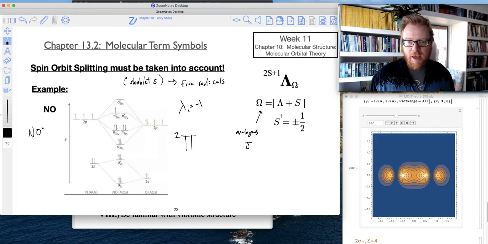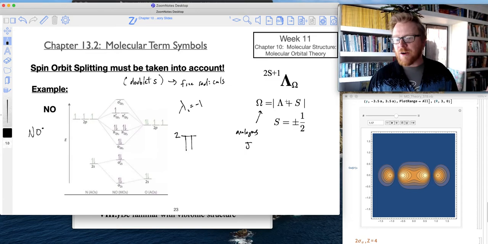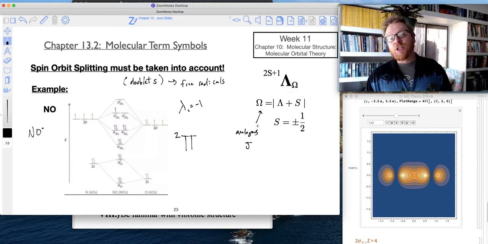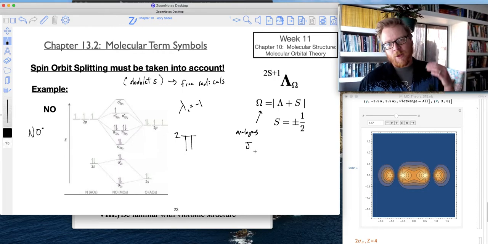Omega is going to take on all values from lambda plus S all the way down to lambda minus S. Because S can be plus or minus 1/2, we're going to get two possible omega values, just like we see two possible J values, the high J and the low J. We're going to have the high omega and the low omega.